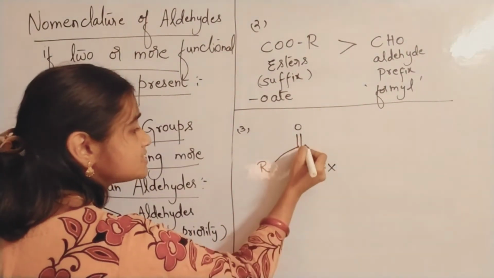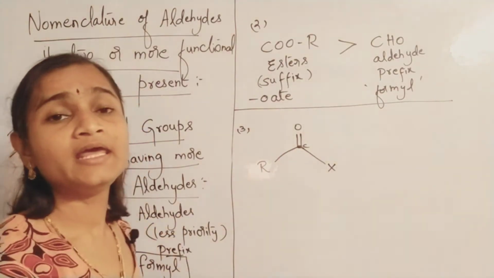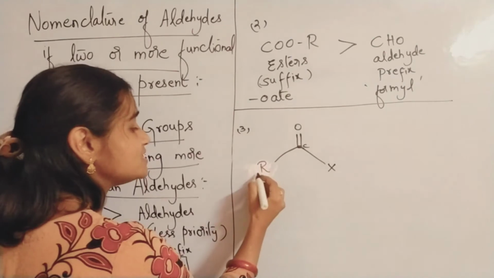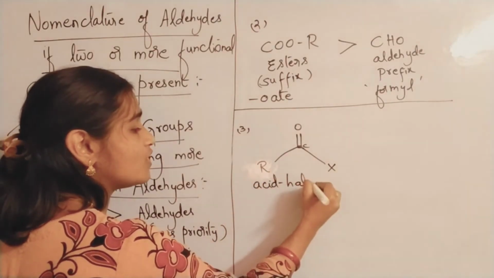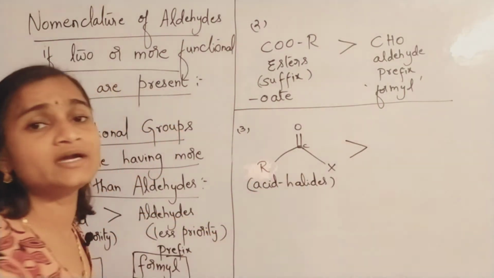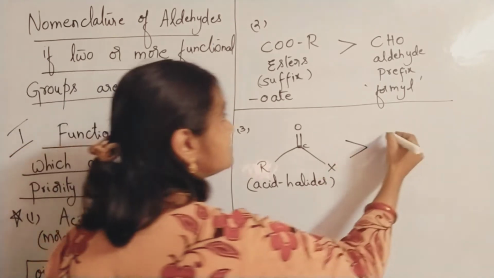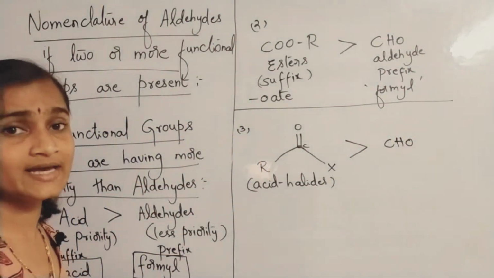R, here C will be there, C double bond O, X. If it is there in any compound, you call such compounds what? Acid halides. Here X stands for what? Halogens. Acid halides are having more priority than aldehydes.